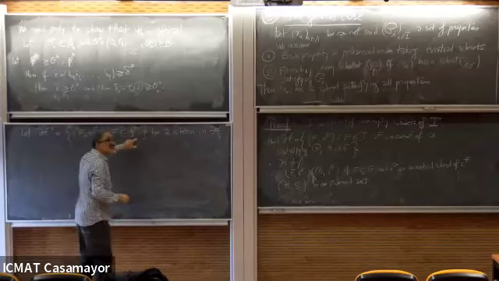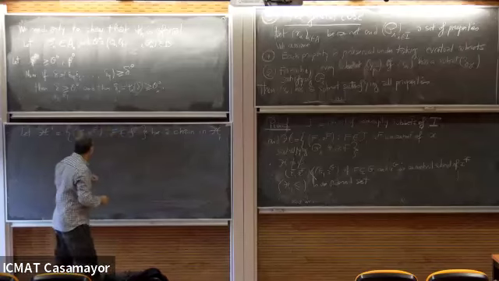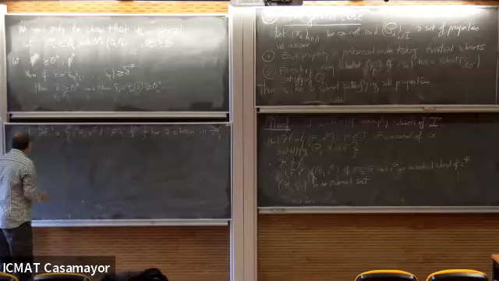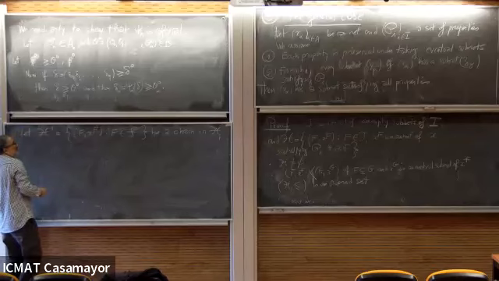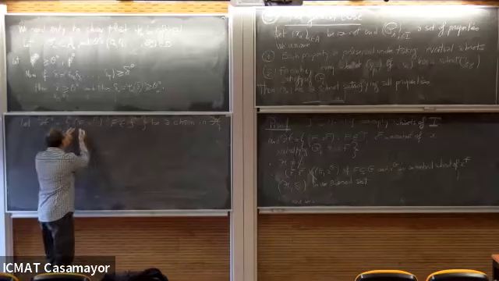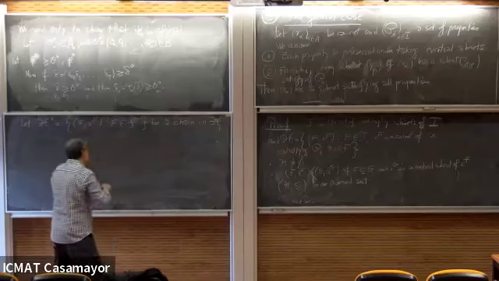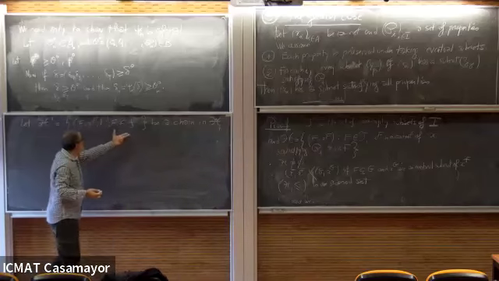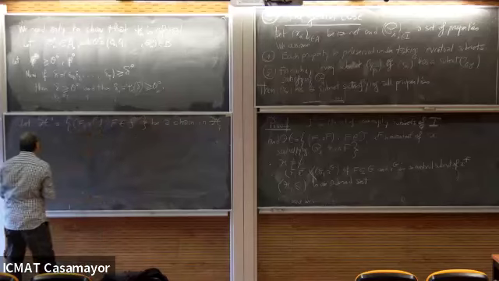So F also is totally ordered as a subset of J. And now we want to show that there is an upper bound for H prime. Of course, if there is a maximum element, we are done. So we assume that F has no maximum element.